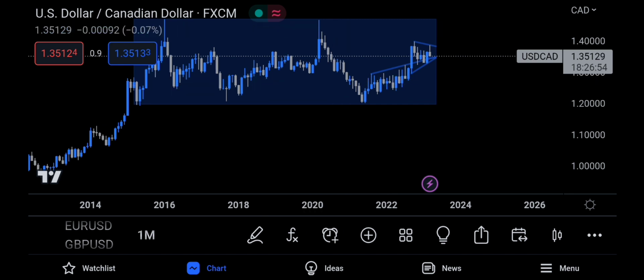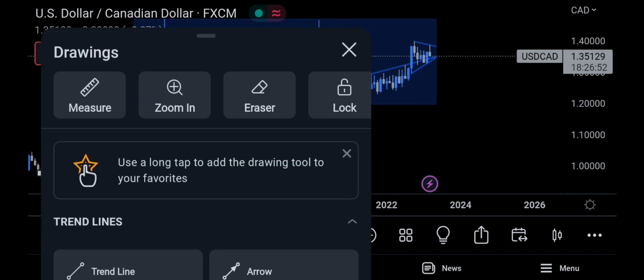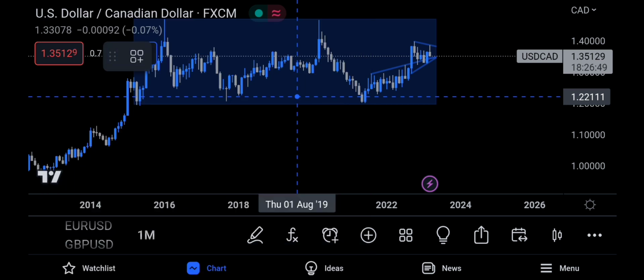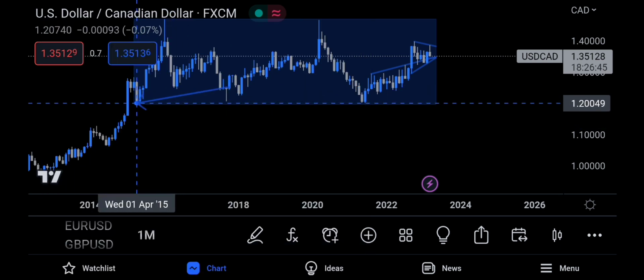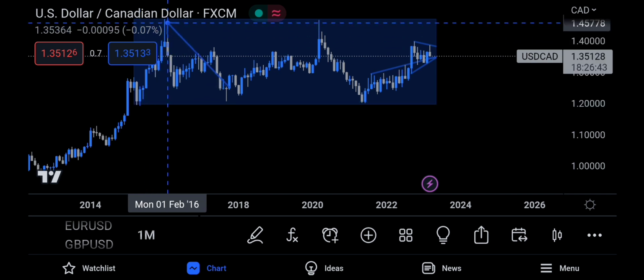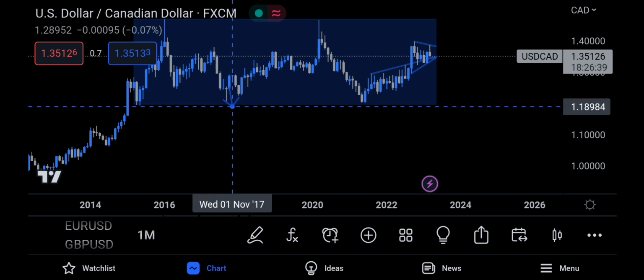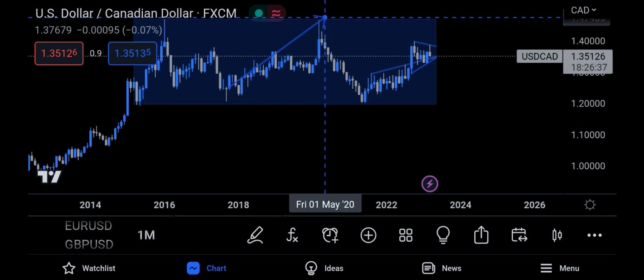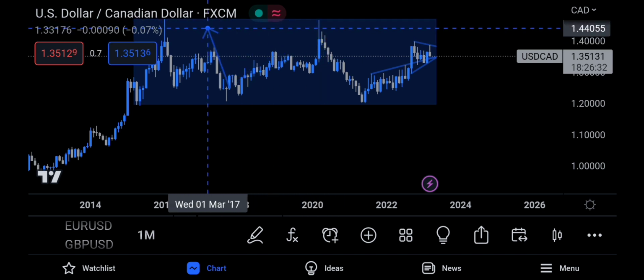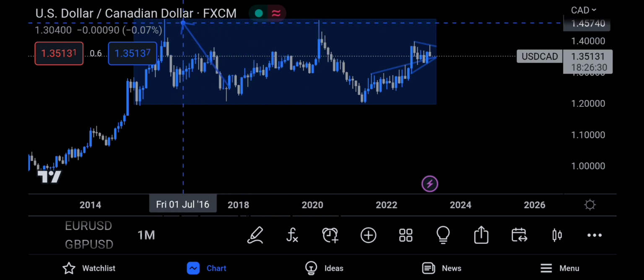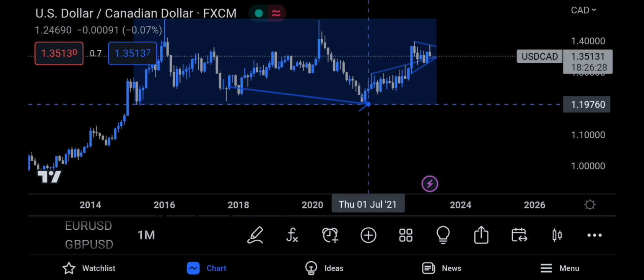If you can see, when we saw the rejection from this support here, we bounced all the way to this range resistance. We came down again, tested the same resistance before falling off, giving us a double top here, and we came back again to test the lows.